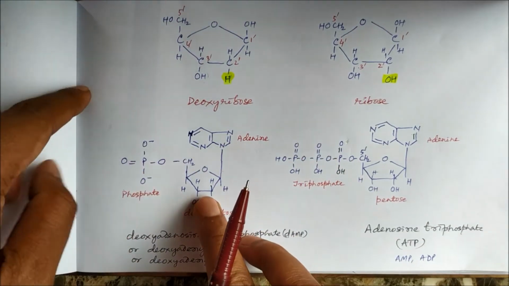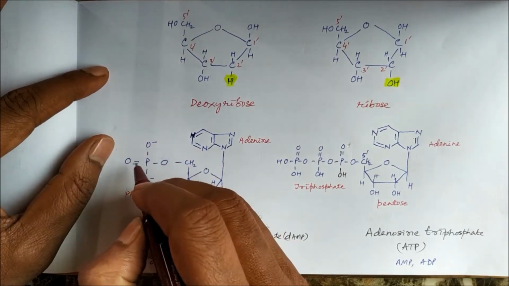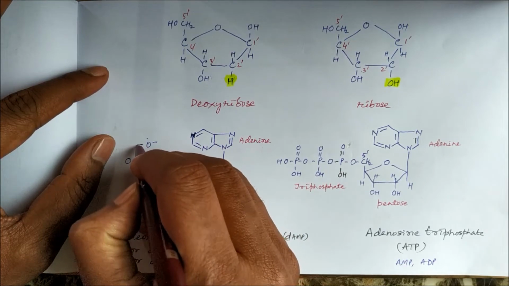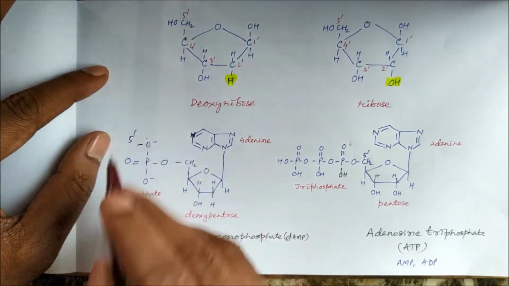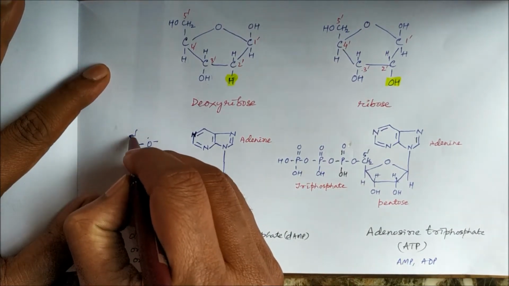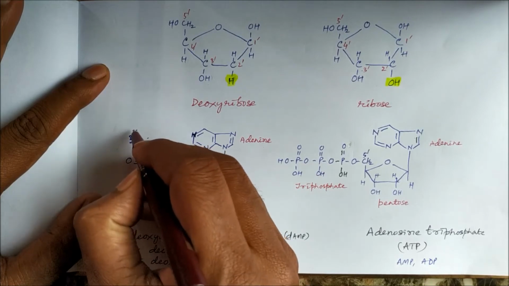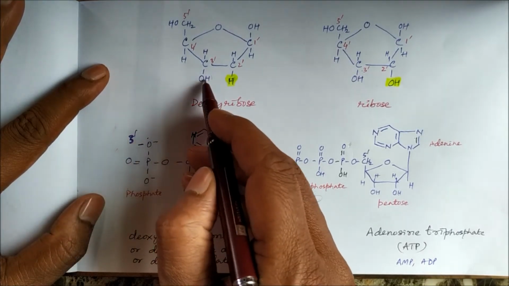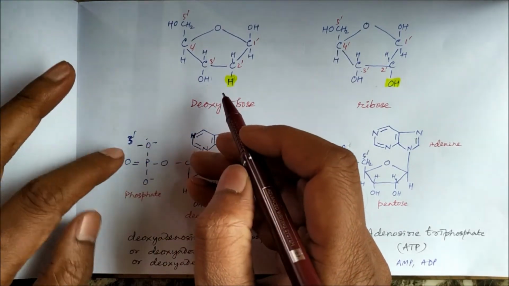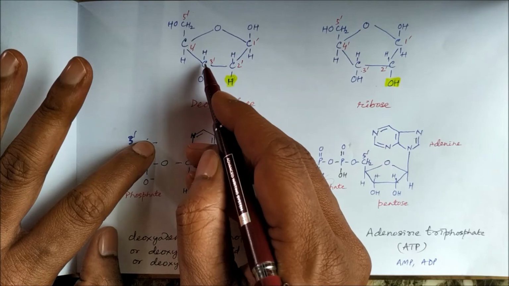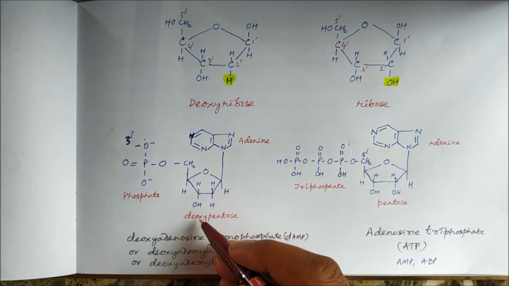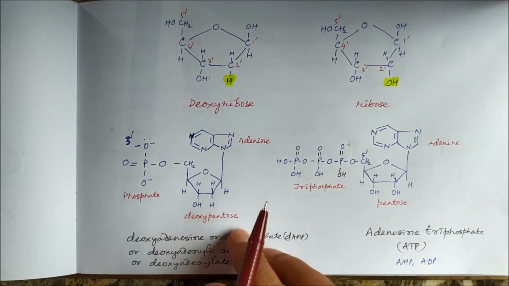So in this way, the 3' position is linked to the 5' carbon of another sugar, and similarly this third one will be linked to the fifth carbon of another sugar.